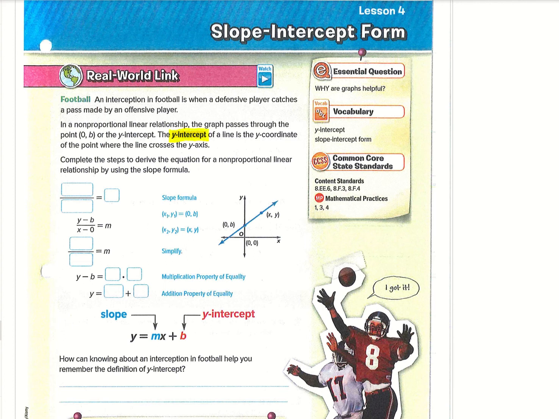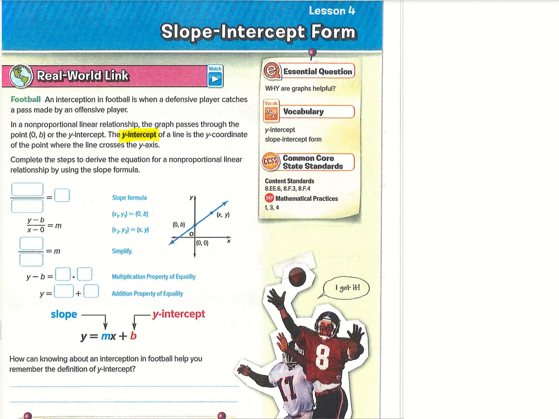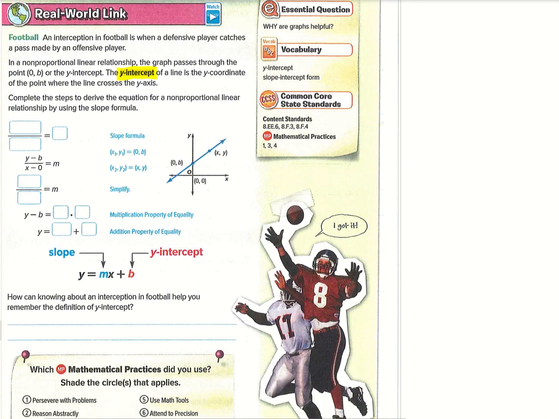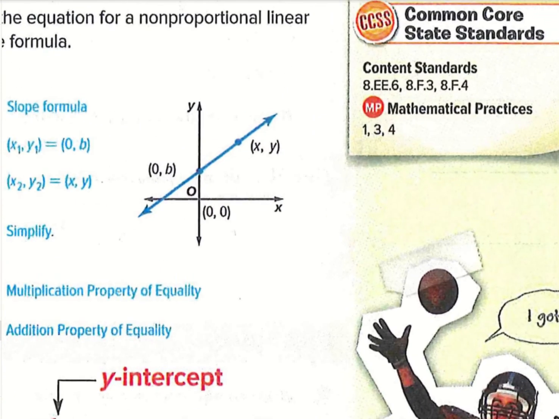The y-intercept of a line is the y-coordinate of the point where the line crosses the y-axis. They have an example right here for us. If you look at this little graph, here's our line for it.